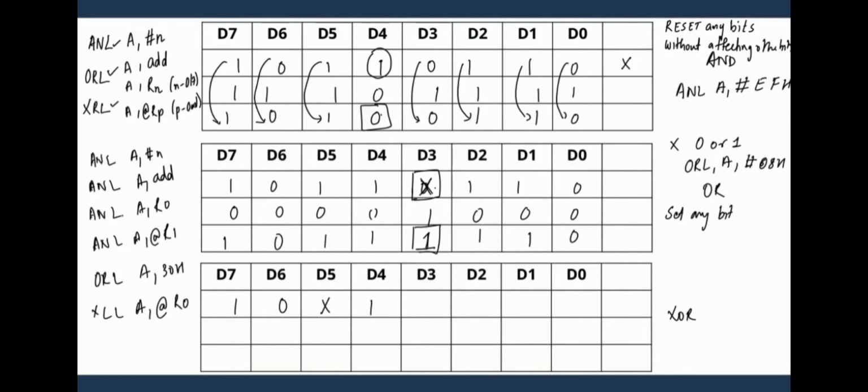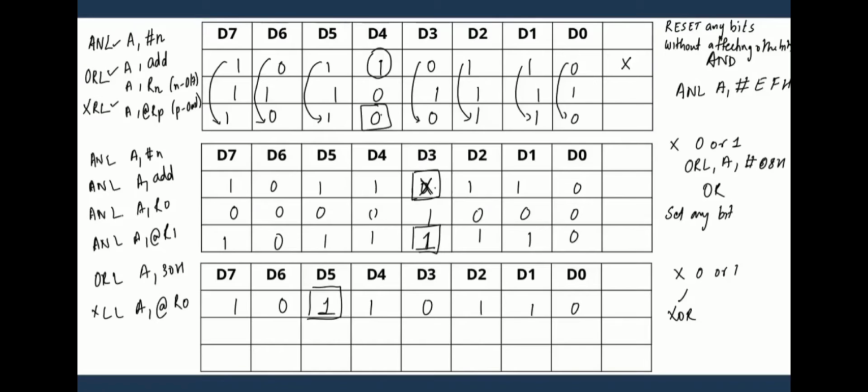Now we are XORing a particular bit. The XOR operation is used to toggle a particular bit. Toggle means complementing the particular bit. For XOR, the D5th bit we chose for complementing can be 0 or 1. Let it be 1, then you can easily understand it. XOR means if both the bits are same, we get a 0, and if they are different, we get a 1.